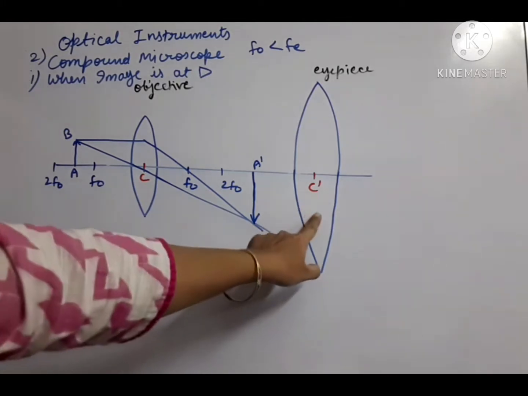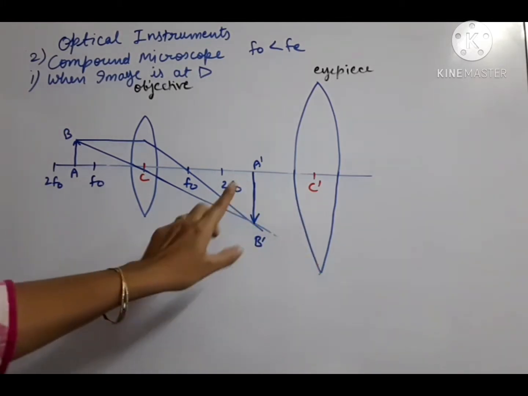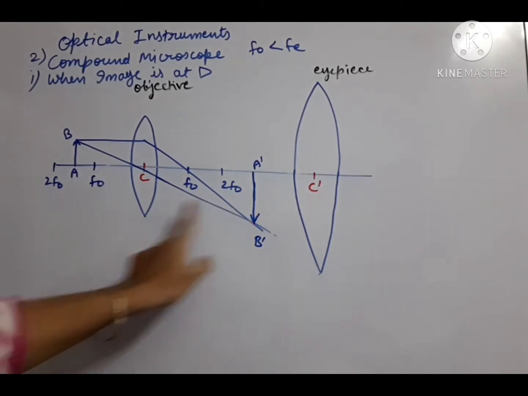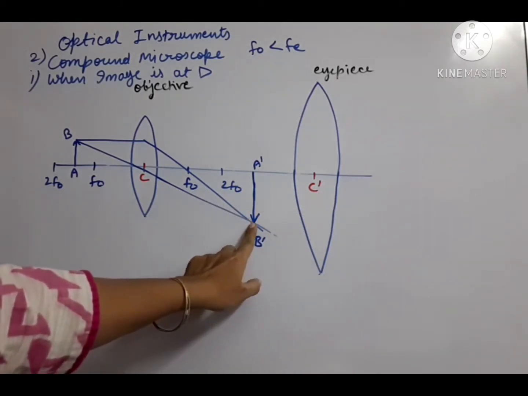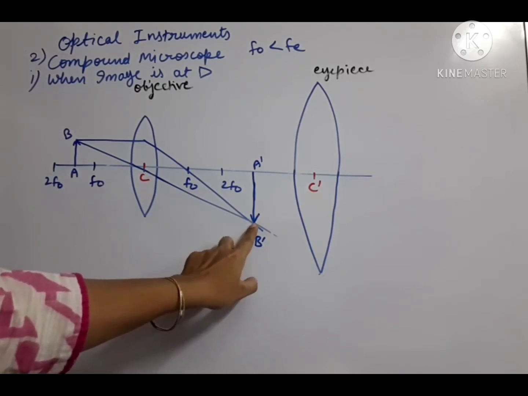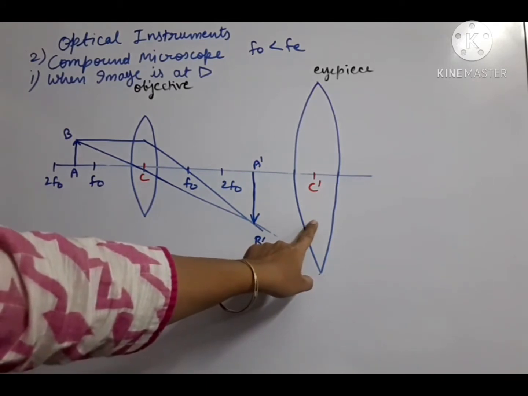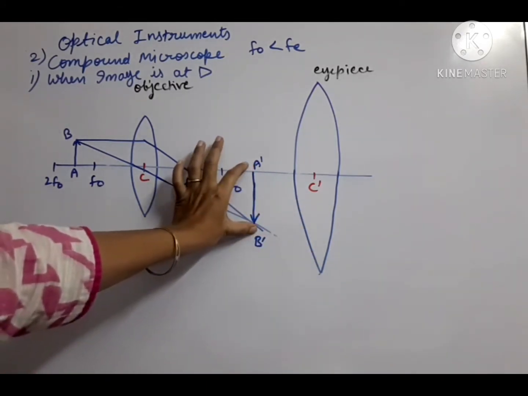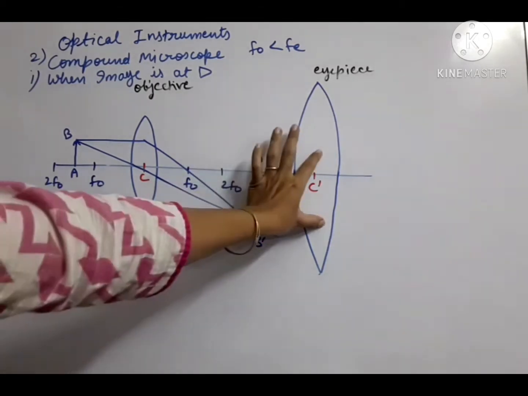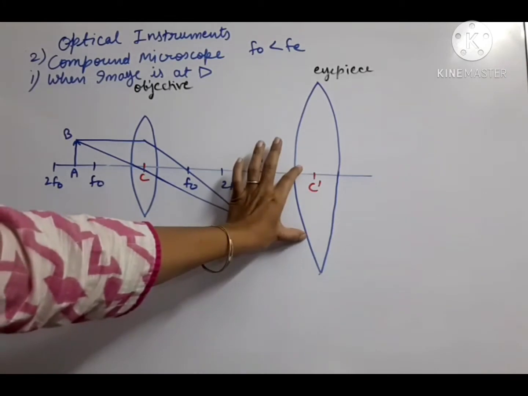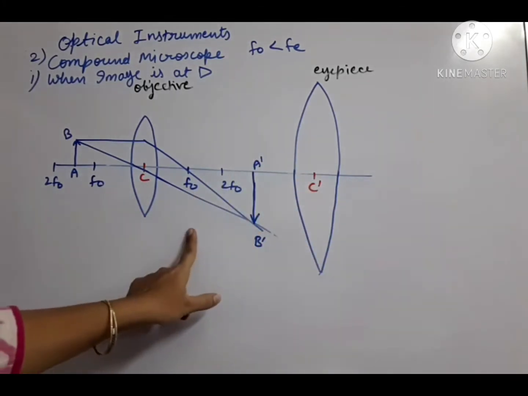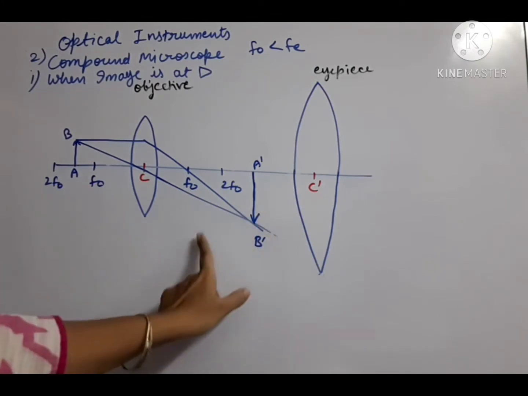Now, the role of the eyepiece lens starts. Whatever image is formed by the first lens, the second lens uses it as the object. So now where should we keep this object with respect to this eyepiece lens? This A dash B dash, which is serving as an object for this eyepiece lens, should be kept in such a manner that this eyepiece lens makes the image on the same side of the object.